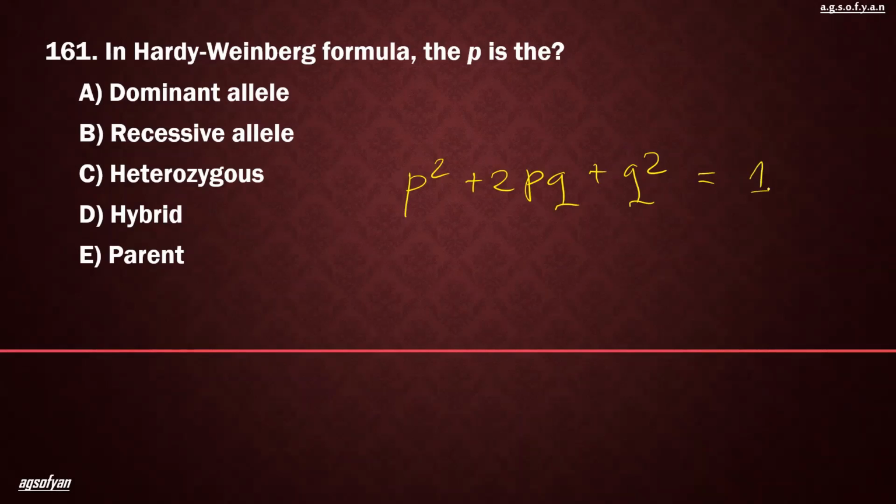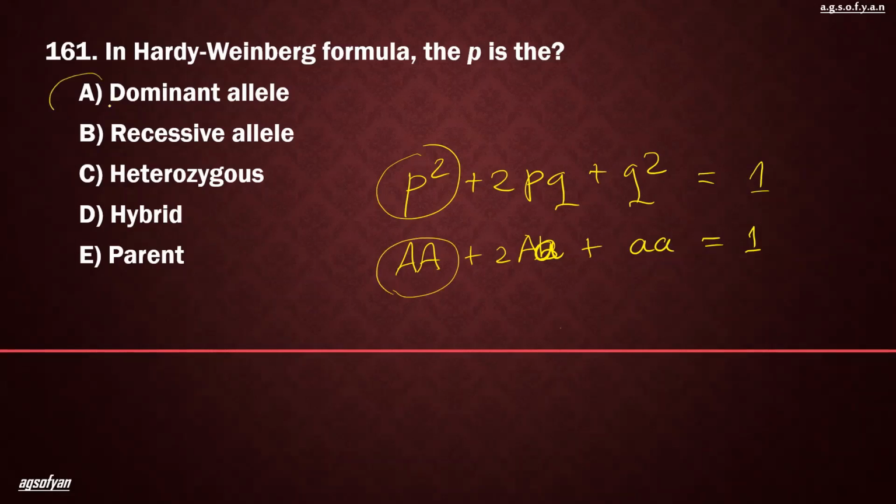So when we refer to the alleles, it's going to be AA plus 2Aa, heterozygous, plus aa equals 1. Okay, so which one is P? Does it refer to dominant or recessive? Dominant. P is the dominant allele. The Q is the recessive allele.